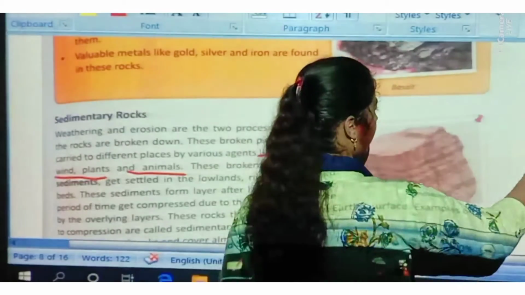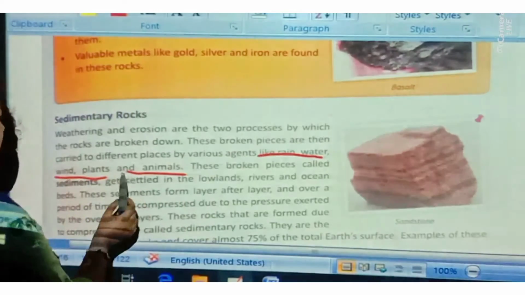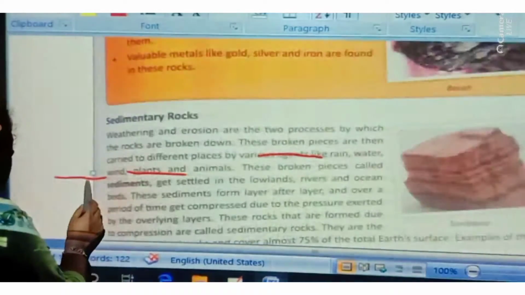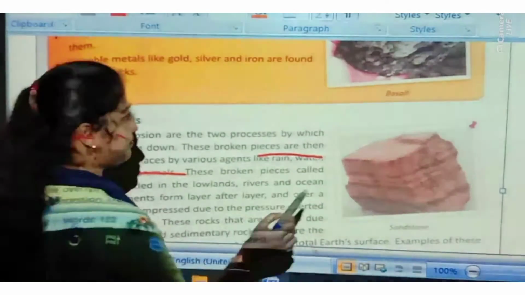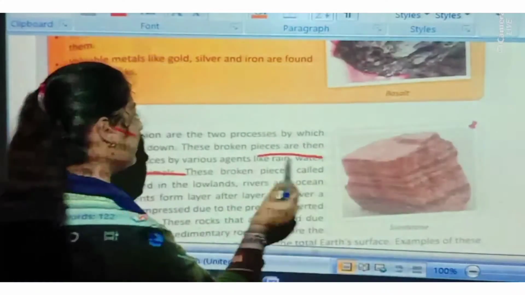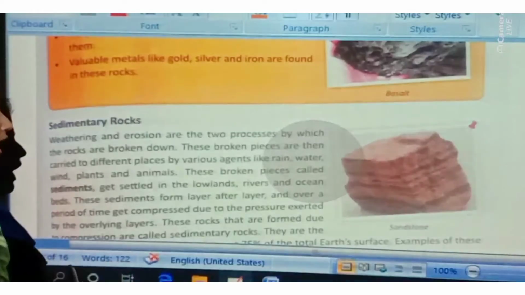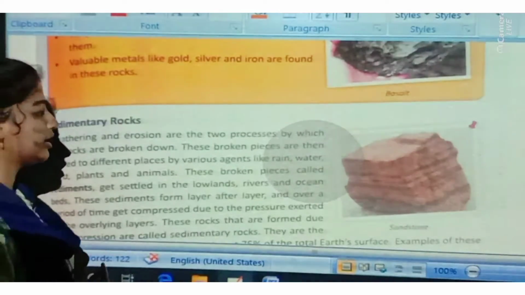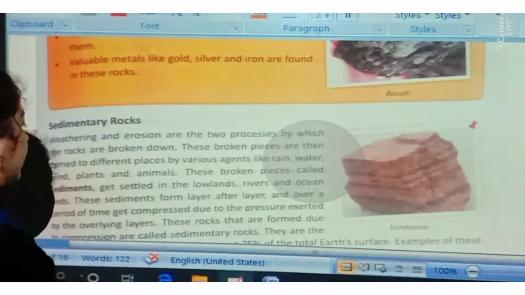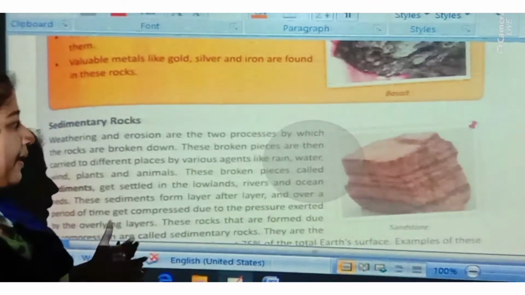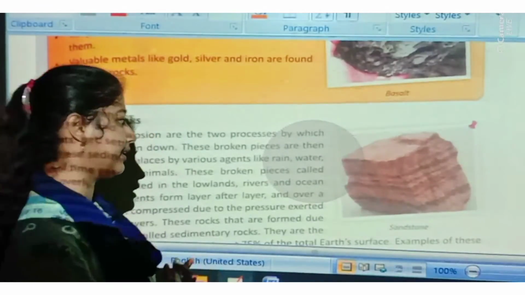If we talk about the sedimentation process, it basically begins with the weathering process. Because of weathering, we have noticed that external forces like rain, water, wind, and also plants and the animal community help rock get fractured.